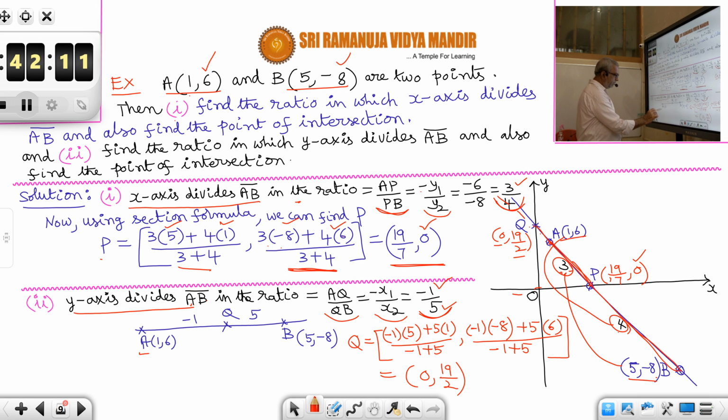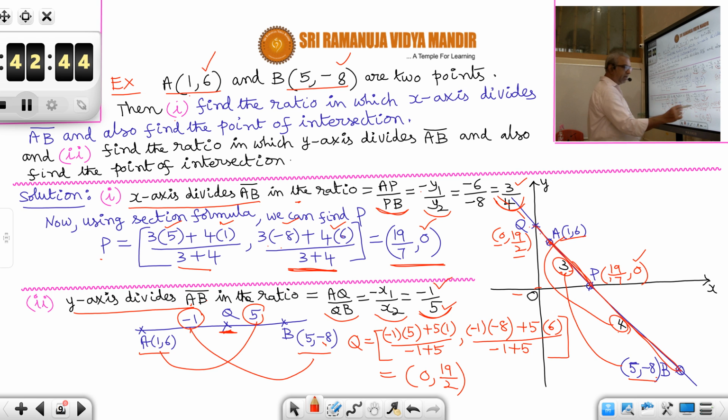But draw the diagram. A(1,6) here, B(5,-8) here, Q somewhere in between you take. But Q is not actually in between. But to apply the formula in the diagram you can take Q in between. The ratio is what? Minus 1:5. Then apply the section formula. Q is equal to minus 1 into that 5 plus 5 into this 1 by minus 1 plus 5, comma, y coordinate similarly.